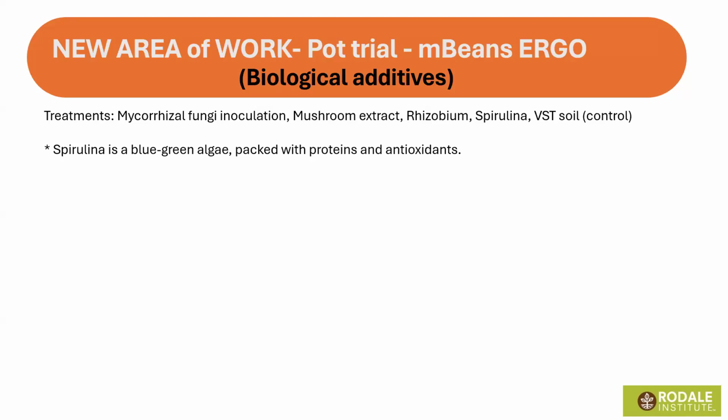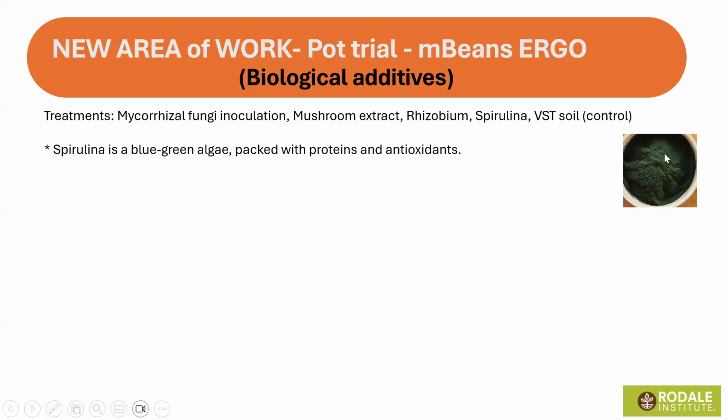It's a bacteria, and it helps in symbiosis of nitrogen. Also spirulina, and they kept the control as vegetable systems trial soil alone. Now, for people who do not know what spirulina is, it is made of blue-green algae. It is ground and packed, and it is a powder.